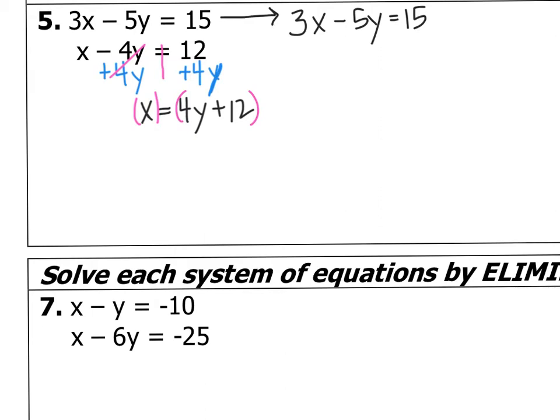I know, based on the equation that I created when I moved things around, that I'm going to replace the x with this stuff. So I'm going to find my x in my equation, put parentheses around it, and rewrite one more time, but I'm going to take the letter x out and replace it with this stuff that's equal to x, 4y plus 12.